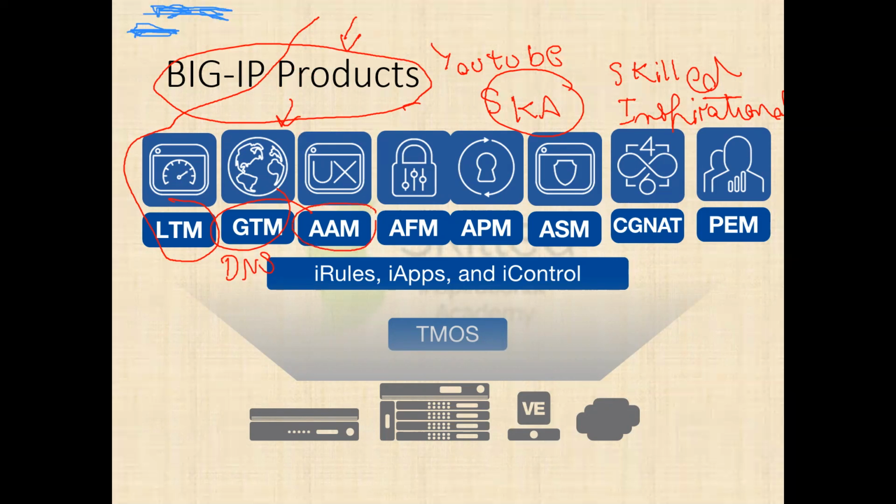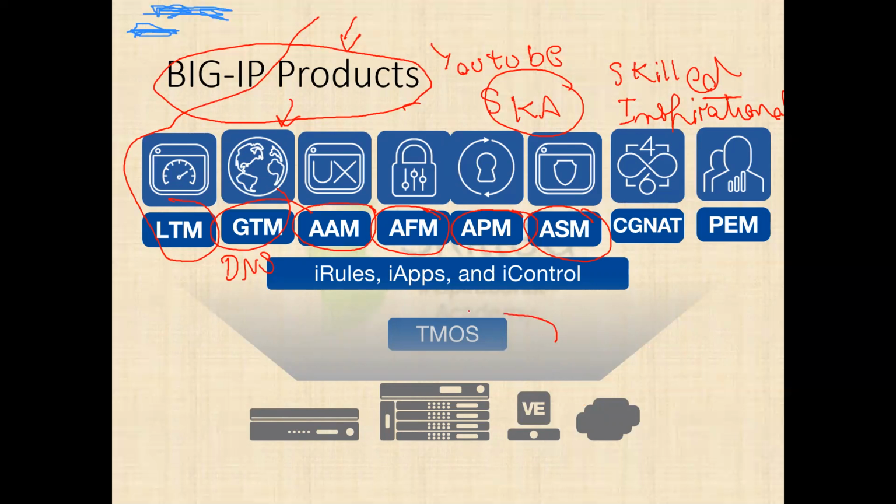Then there is AAM, AFM, which is a layer 3 and layer 4 firewall, then APM. F5 products available in the market have been increasing, and F5 has introduced these products in the cloud. ASM is your security module.